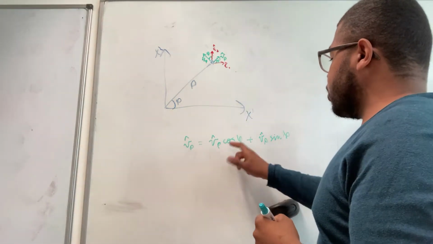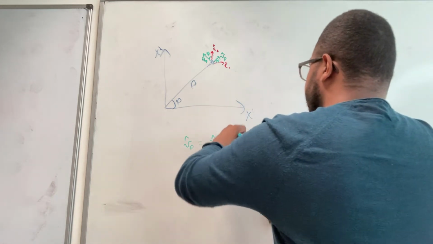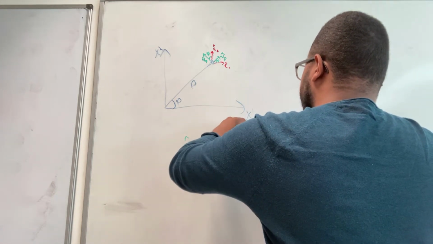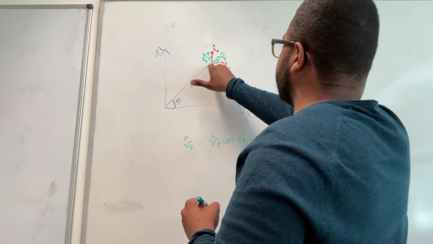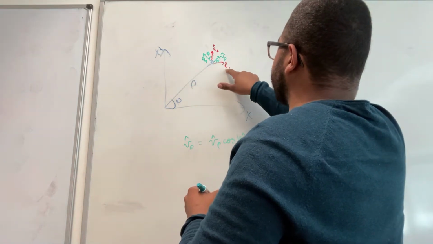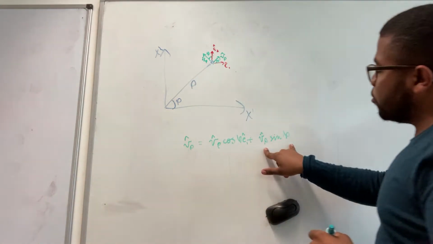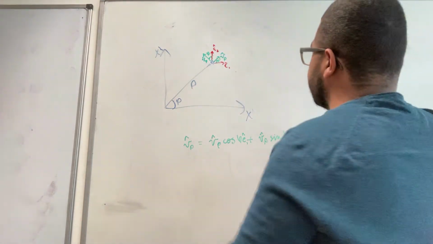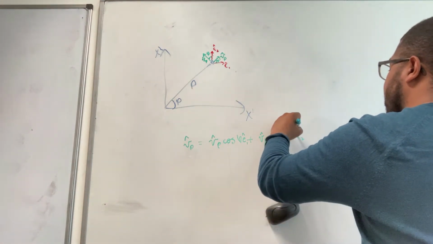And now, one thing which I forgot, of course, is to multiply it by their respective basis vectors. So this horizontal component is multiplied by the basis vector E1 hat, and this component right here is multiplied by the vertical basis vector E2 hat.